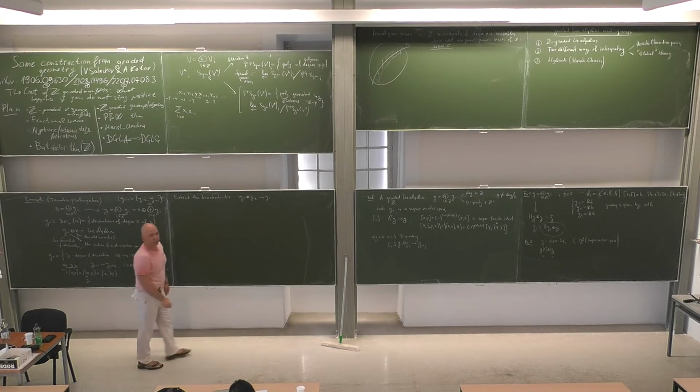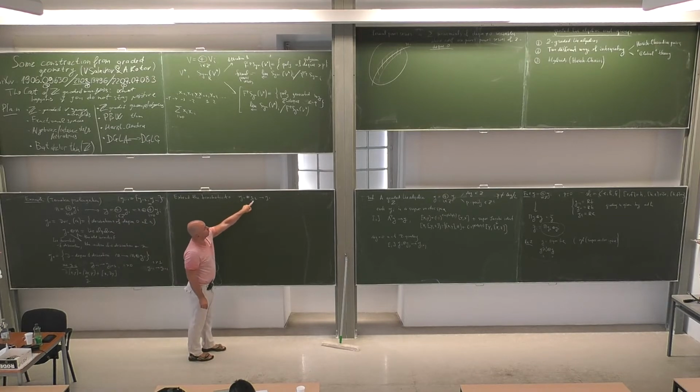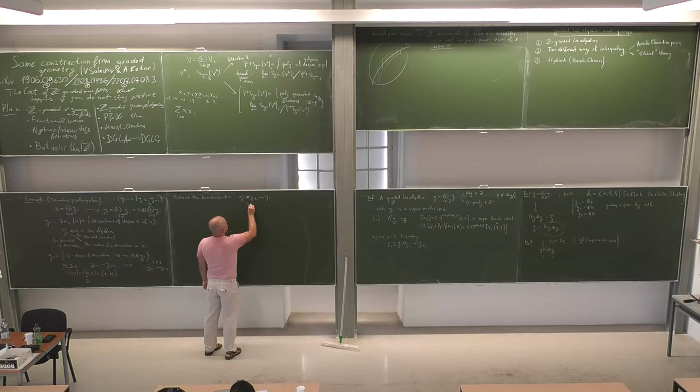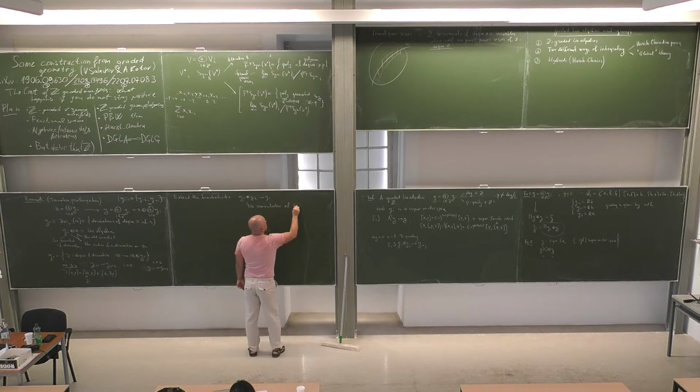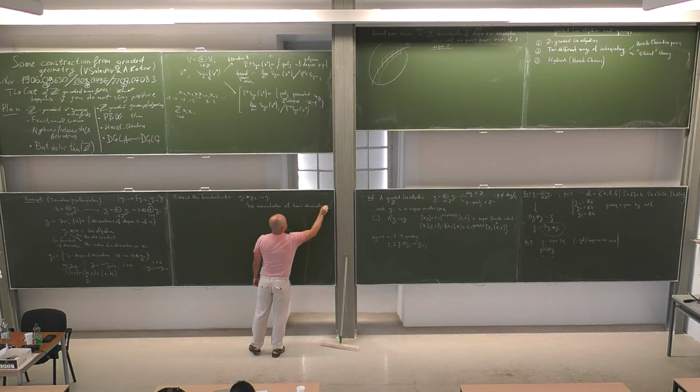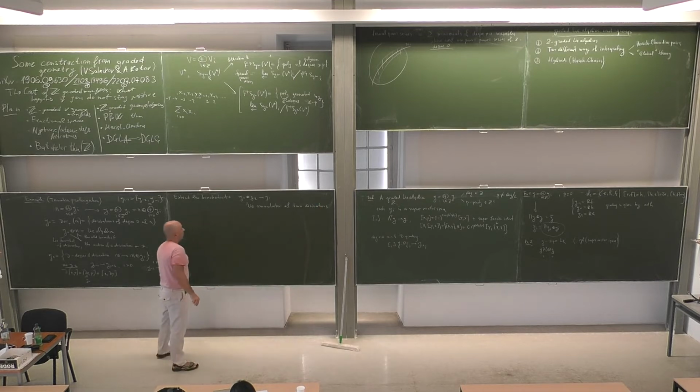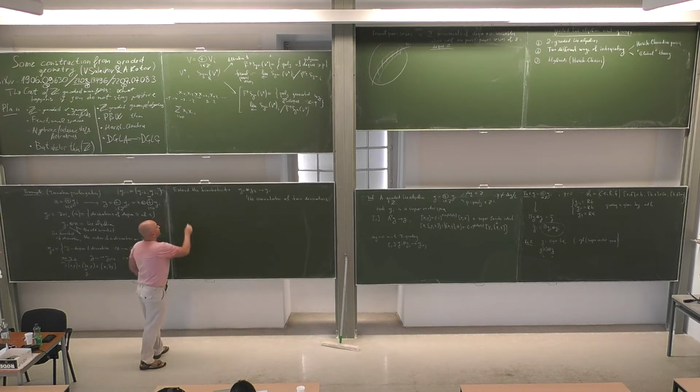And this is simply the commutator. g0 preserves n, g1 maps n to n plus g0, and we can write the commutator of two derivations.